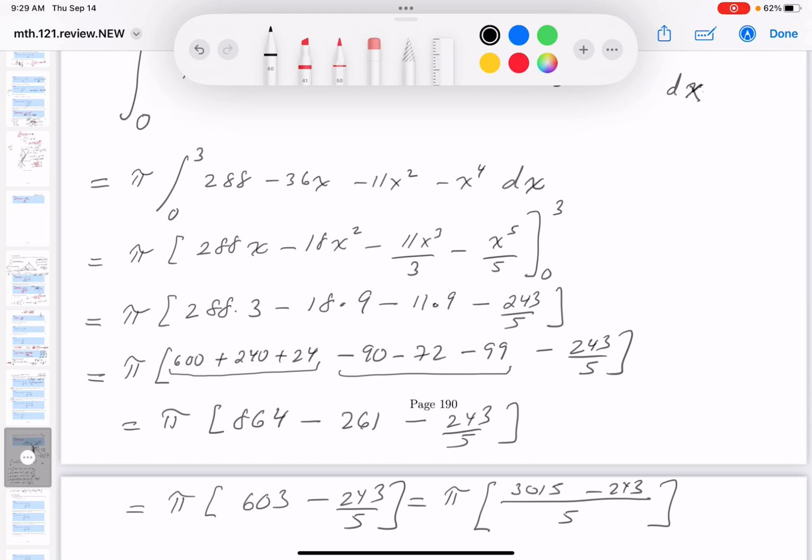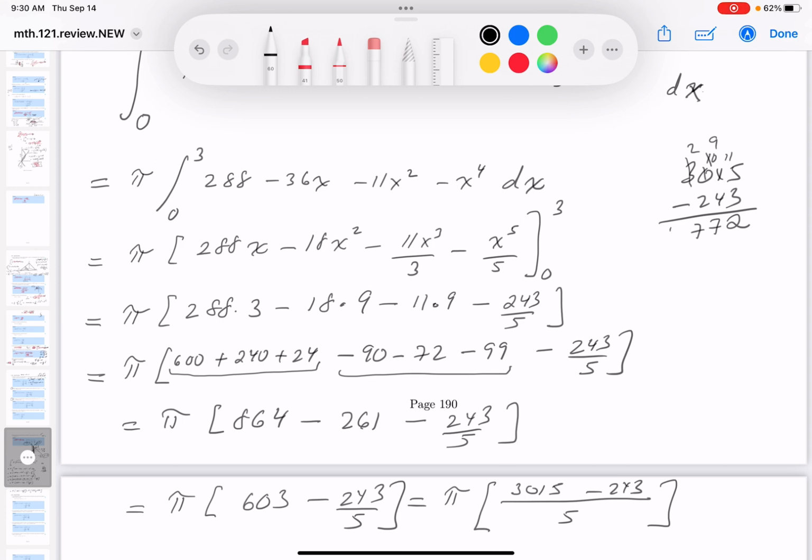Got to do my subtraction. It's 3015 minus 243. 3 from 5 is 2. All right, I can't take 4 from 1, so I got to start to borrow. This is 2. This would become 10. I borrow from that. This becomes 9. That becomes 11. 4 from 11 is going to be 7. 2 from 9 is 7.